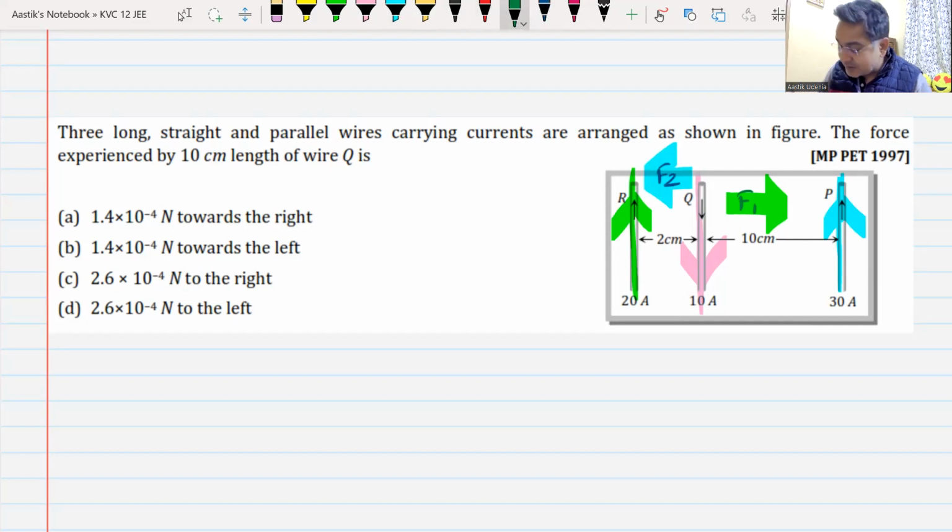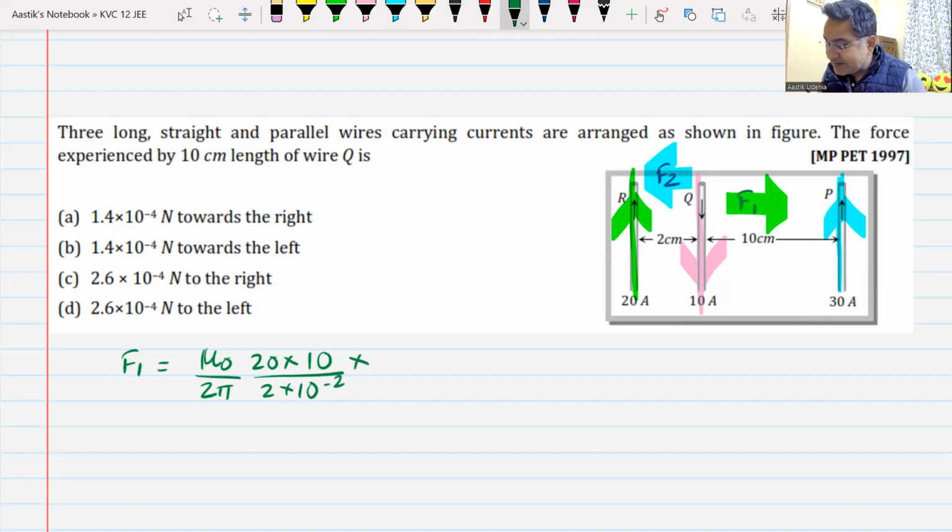Let us find out and write the value of F1 and F2. What is the value of F1? Mu naught by 2 pi, I1 is 20 amps multiplied by I2 is 10 amps divided by 2 pi r. Distance is 2 centimeter, 2 into 10 raised to the power minus 2, multiplied by the length of the wire.